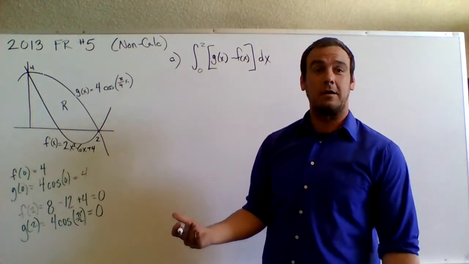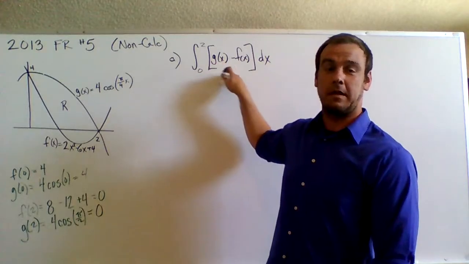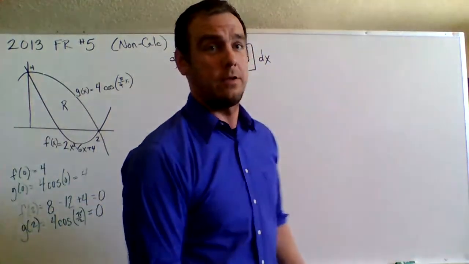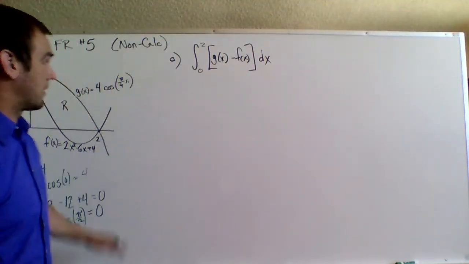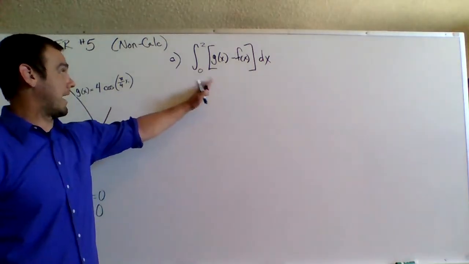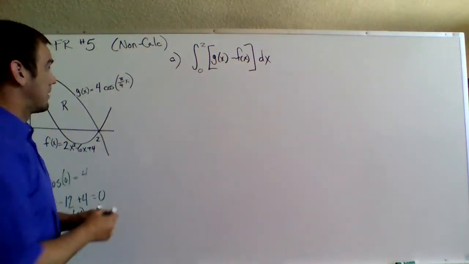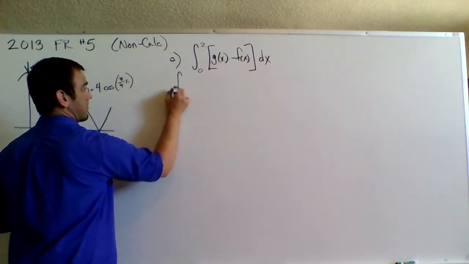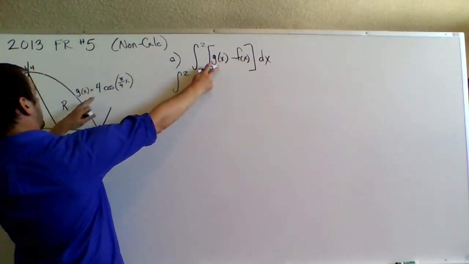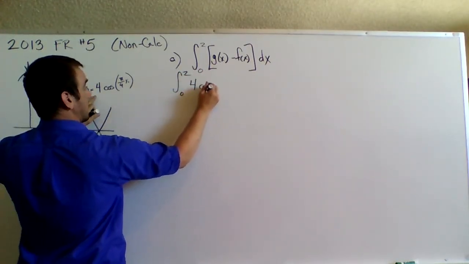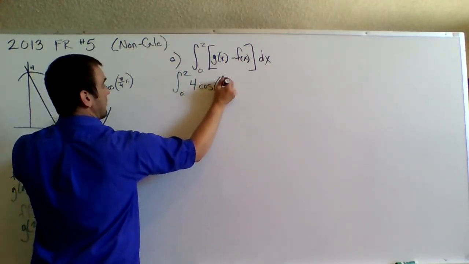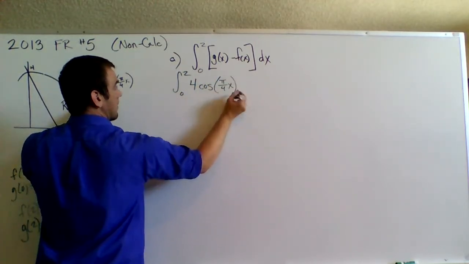Now if you had a calculator, you would have these stored as y1 and y2. You're supposed to do this one without a calculator though. So we're actually going to need to write these all in. So I've got the integral from 0 to 2. G of x is 4 cosine of pi over 4x.